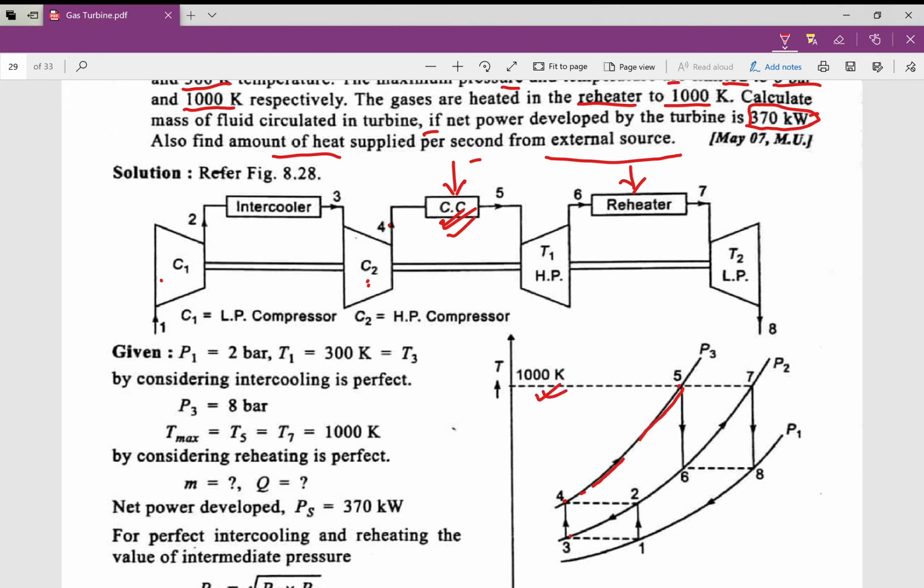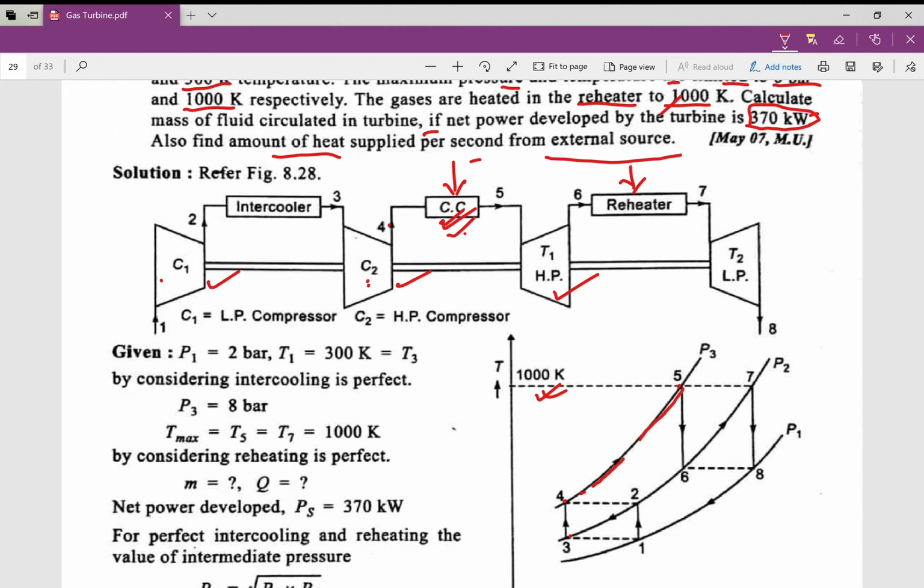Then after burning, that air which is now converted into gas is supplied to turbine number 1, that is called the HP high pressure turbine. And then the high pressure turbine produces work which is supplied to compressor number 2 and compressor number 1.